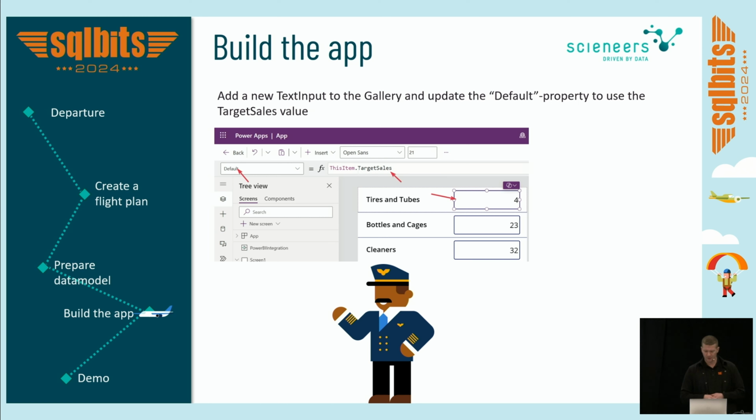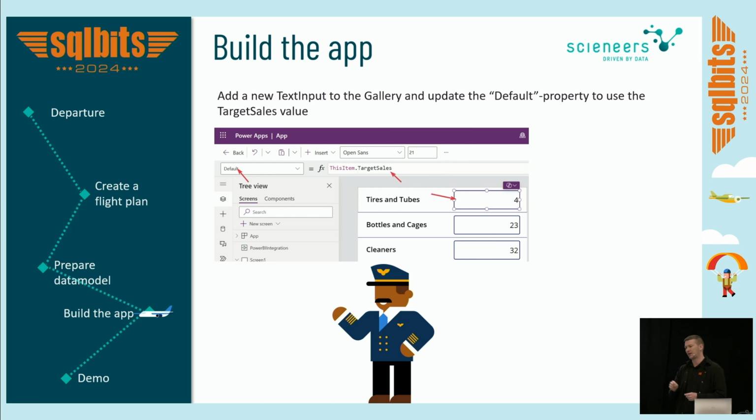So what you do now is you remove the little arrow that doesn't do anything for us, and we want to add another text input. A text input is like a box where you can just modify a value, and you will add that text input to the gallery, so the text input repeats for each record, and then you will set the value or the default attribute of that text input to ThisItem, where this item means it's the actual iterator within the gallery, dot TargetSales, where TargetSales is the field you actually have it named in Power BI.